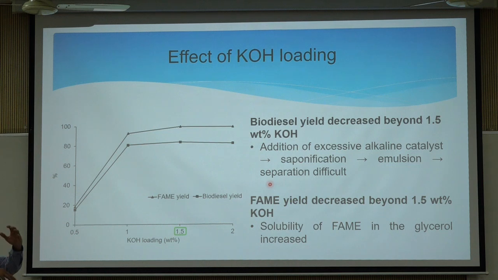It makes the product very difficult to separate. The soap will be formed. So the FAME yield will decrease beyond 1.5%, and the solubility of the FAME in the glycerol is increased as well. So in this case we take 1.5% catalyst loading. From here we study the FAME yield and also the biodiesel yield.